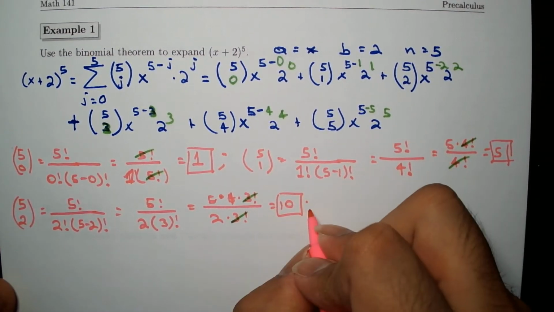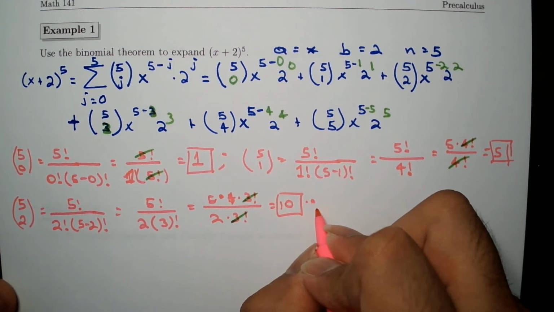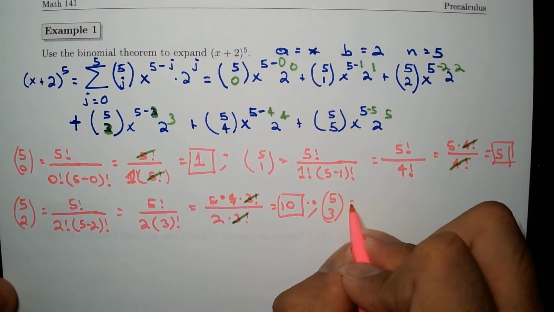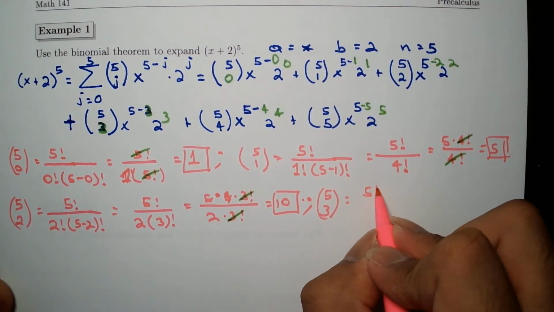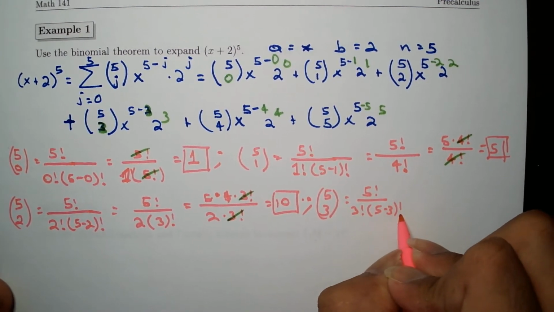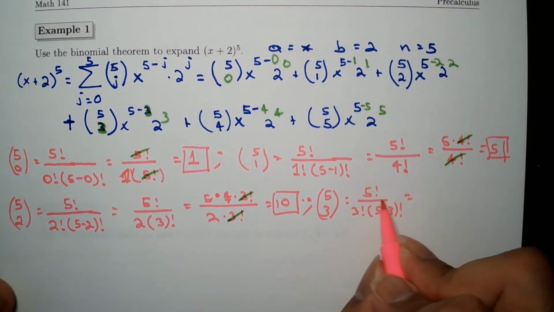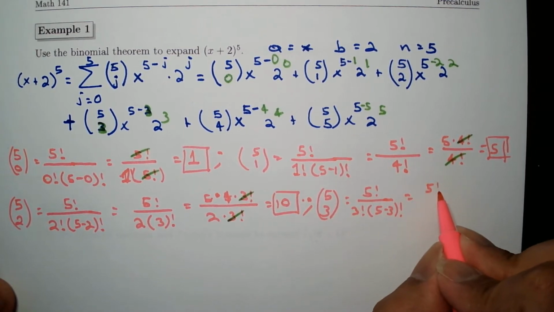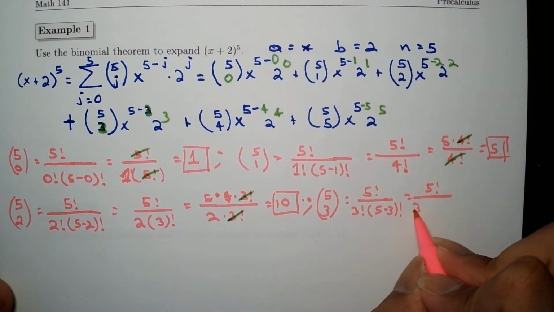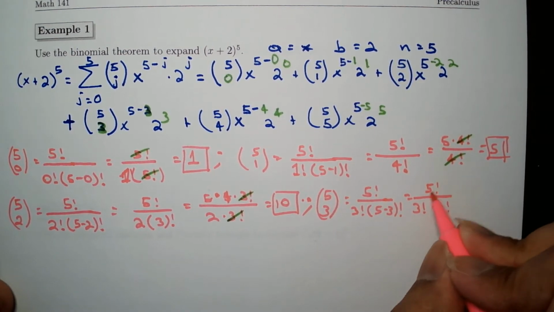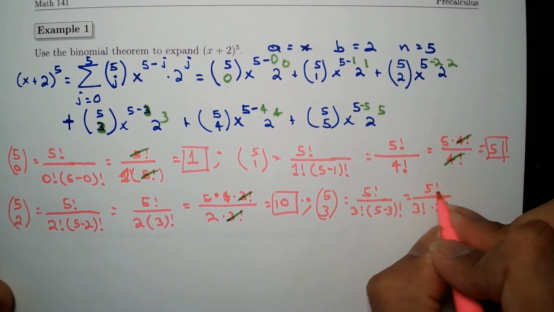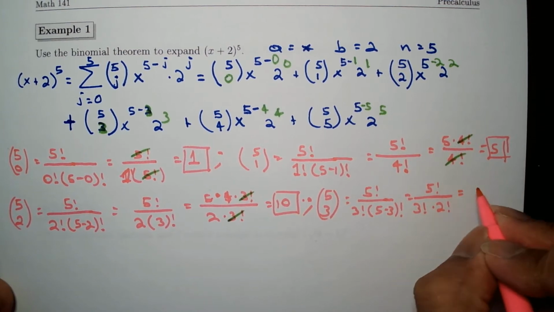So in this case, let's keep going with the next one. 5 choose 3. So that's going to be 5 factorial over 3 factorial times 5 minus 3 factorial. Okay, let's leave the 5 factorial at the top. So 3 factorial times 2 factorial. I'm going to simplify preferably the largest possible, so we don't have to expand factorial too many times.